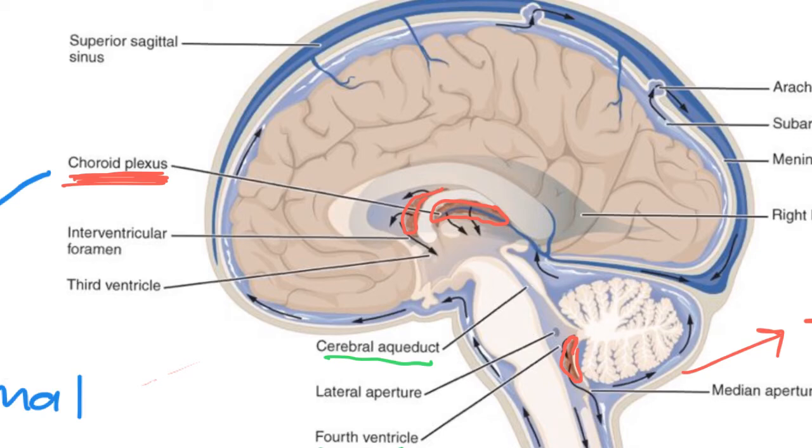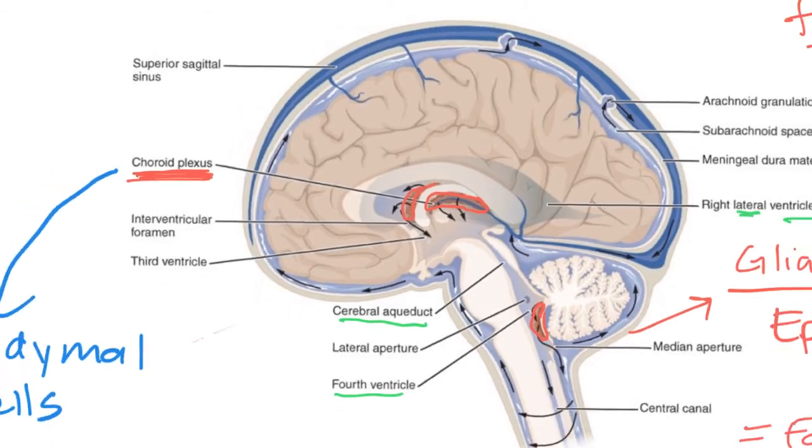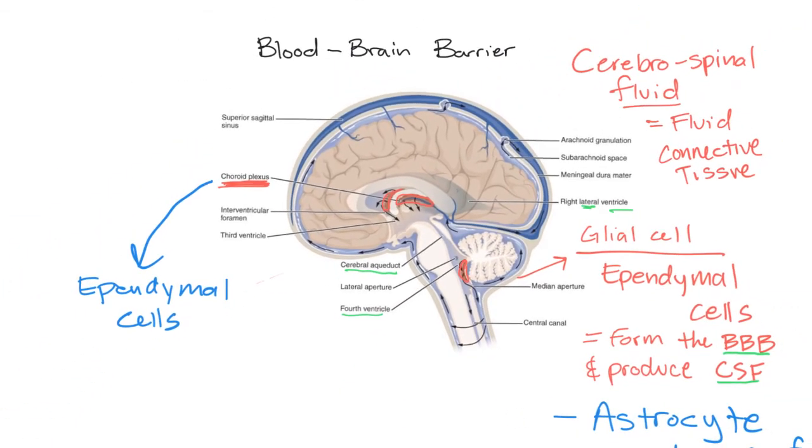You don't get hematoma in your brain. There's no blood within the brain. There's only cerebrospinal fluid. It still exchanges with the cerebrospinal fluid at the choroid plexus. That's where your big blood supply goes, and then that takes the nutrients from your blood and puts it in the cerebrospinal fluid.